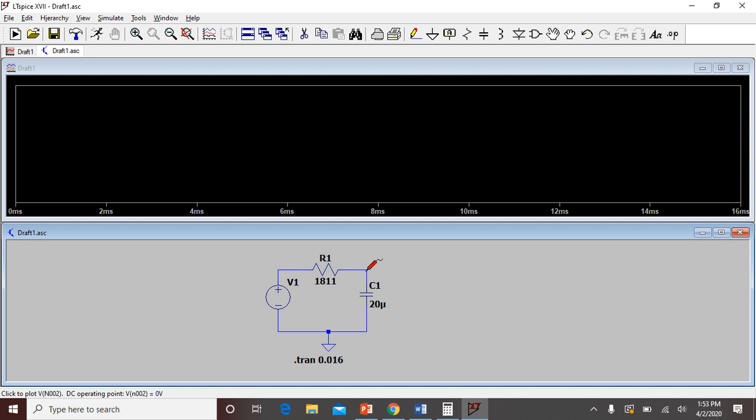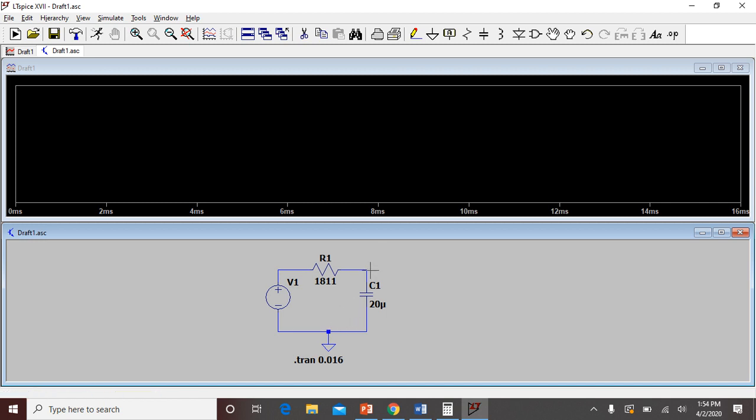Okay, so one more thing that we know: to measure the voltage across any component, we need to have two probes. One is for the positive and the second one is for the negative. Now since there is only one probe coming over here, that means another probe is by default over here.